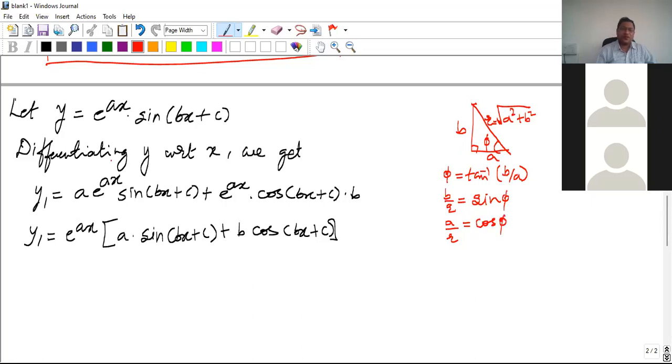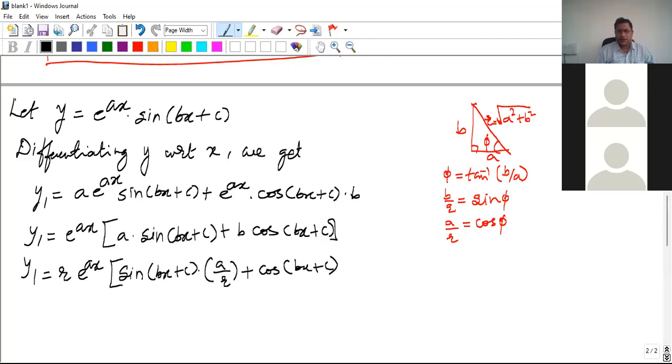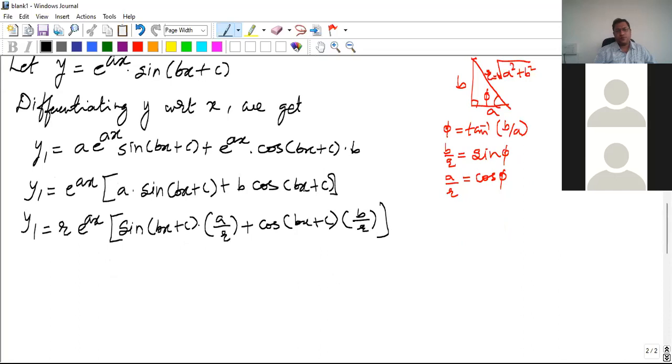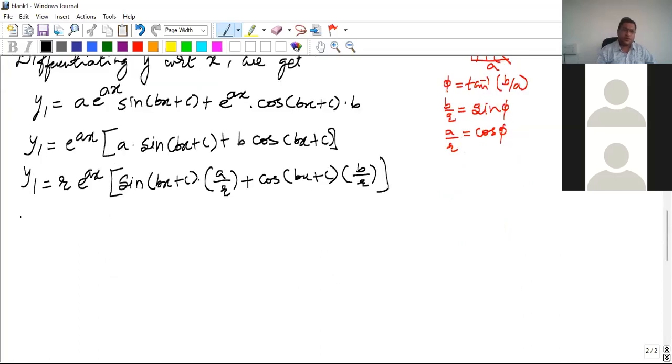Now what we can do is multiply and divide by r. So r e raised to ax, and this is sine of bx plus c, times a by r, plus this is cos of bx plus c, times b by r. Now we can replace these terms.